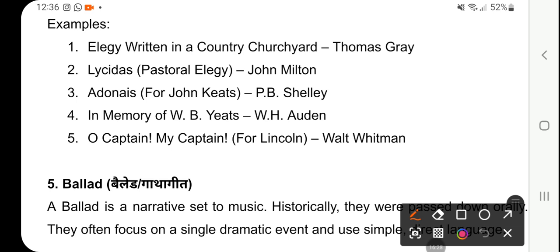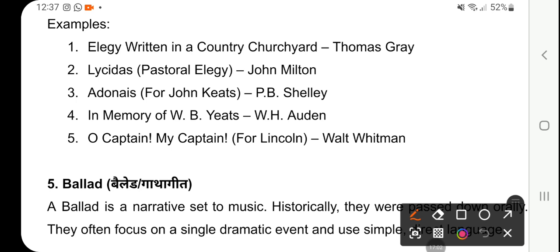P.B. Shelley, John Keats, and Lord Byron were known as the early romantic poets, and they died before 30, at 26, 27, 29 or so. These authors were good friends, contemporaries. When John Keats died, P.B. Shelley wrote Adonais in memory of John Keats. So you can read it also.